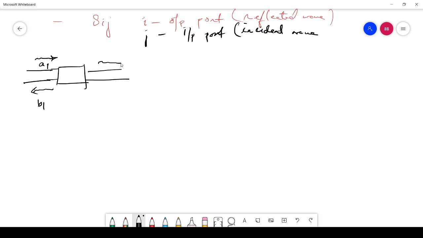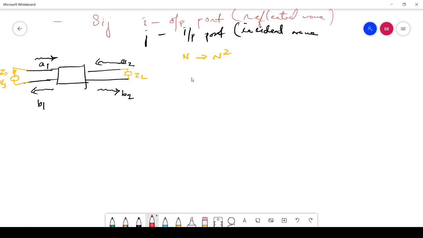And if A2 is my incident wave, I may even have some reflection at this port, so let us take it as B2. I'll have a characteristic impedance ZL, and here at my input I'll have ZS and BS.